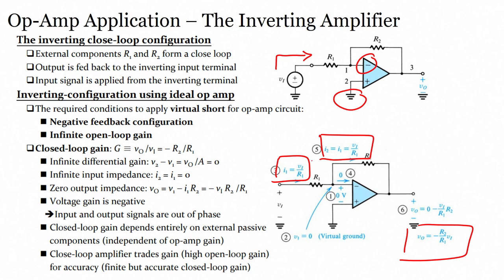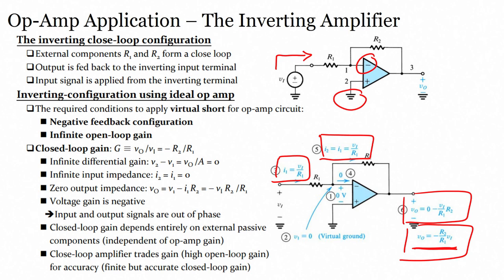If you go on understanding how the equation comes into the picture, once you solve this, you find VO equals 0 minus V1 by R1 into R2. So, finally you get VO equals minus R2 by R1 into V1. This was the formula for the inverting amplifier. We have seen this in the theory class.